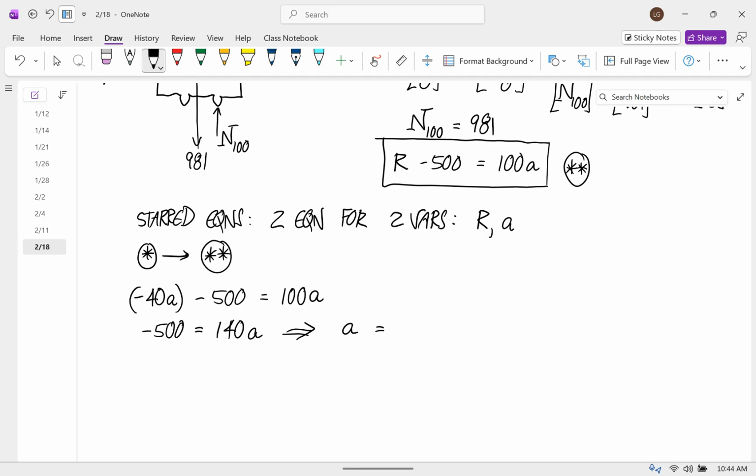And so A is equal to negative 3.571 meters per second squared. Yes? This is just an idea I'm thinking about.